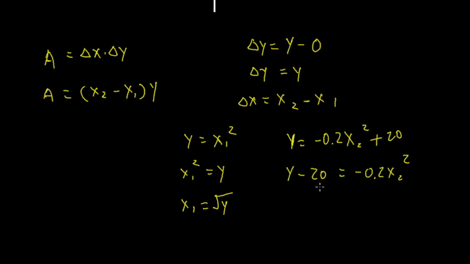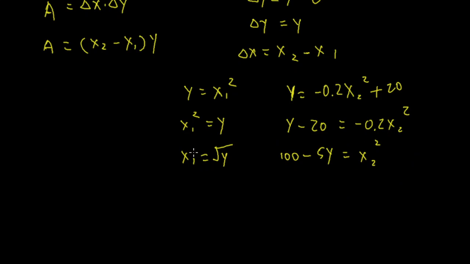So negative 20 divided by negative 0.2 is 100. So we have 100 minus 5y. Now this is x2 squared. Now take the square root of both sides, right? We get x2 equals square root of 100 minus 5y.